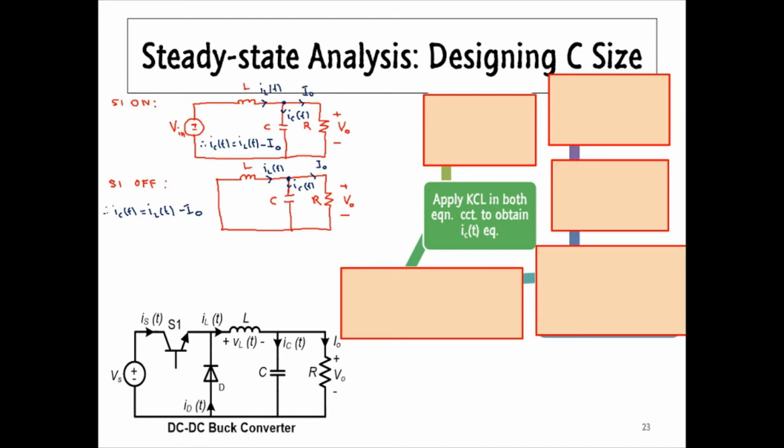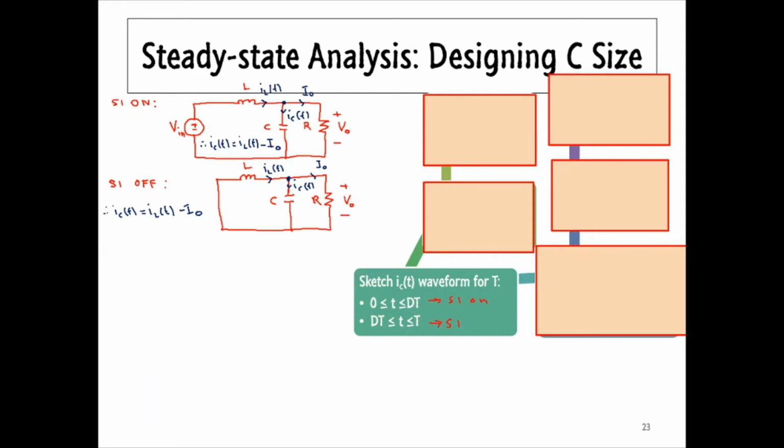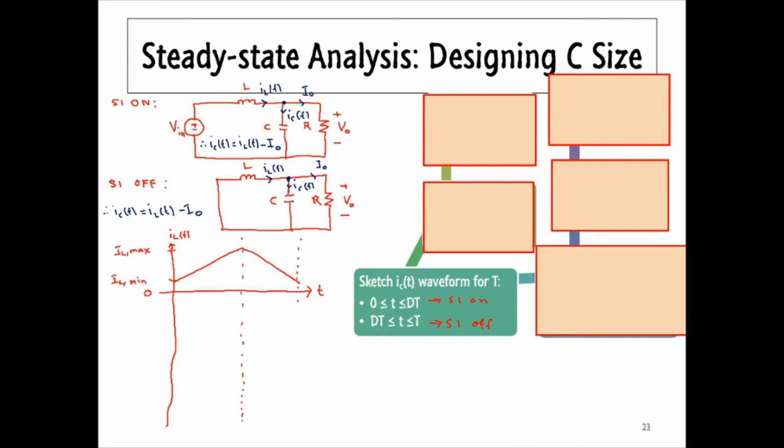Once we get the equations, we need to sketch one complete cycle of the current waveforms. We will start with the inductor current waveform, followed by the output current waveform. Lastly, based on the current equation, we can sketch the capacitor current waveform.